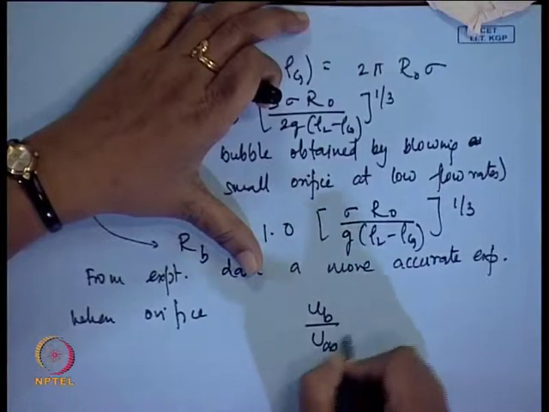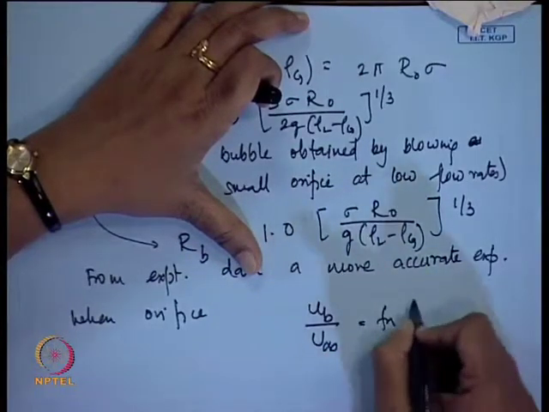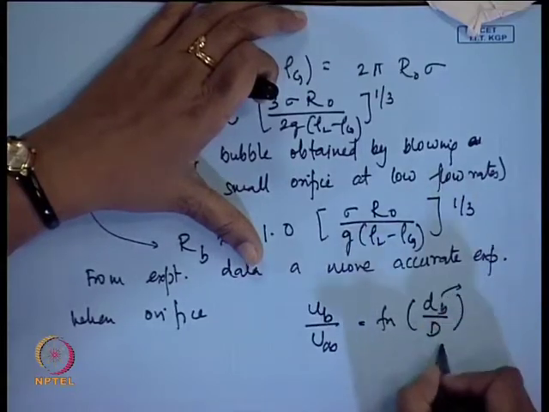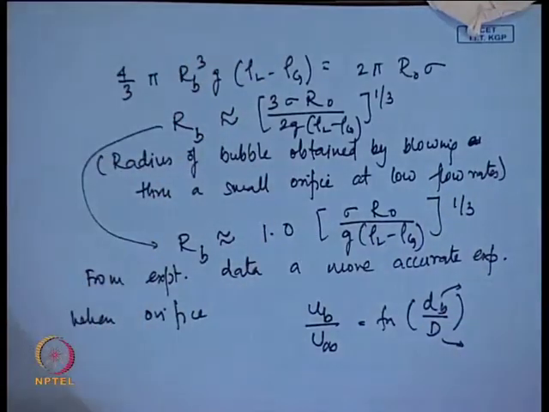Whenever we perform in a tube, due to the wall effect, the bubble will rise at a slower rate compared to the velocity at which it would rise in an infinite medium, because naturally the confining walls will try to restrict its motion, isn't it? And it is observed that the rise velocity of the bubble, u b by u infinity, is a function of dB by d, where dB is the equivalent bubble diameter and d is the diameter of the tube.